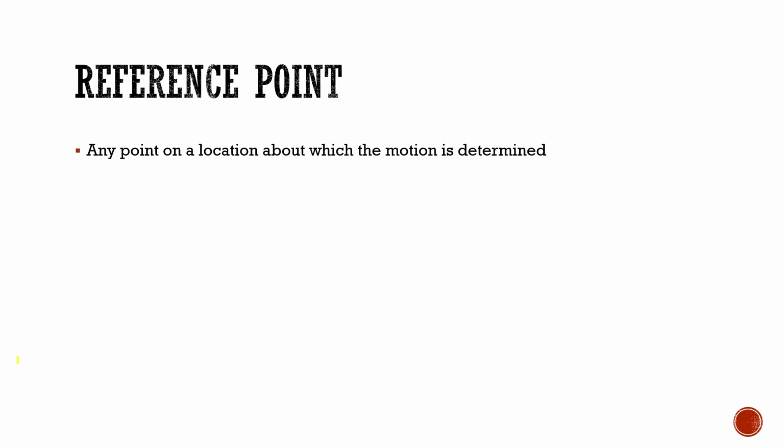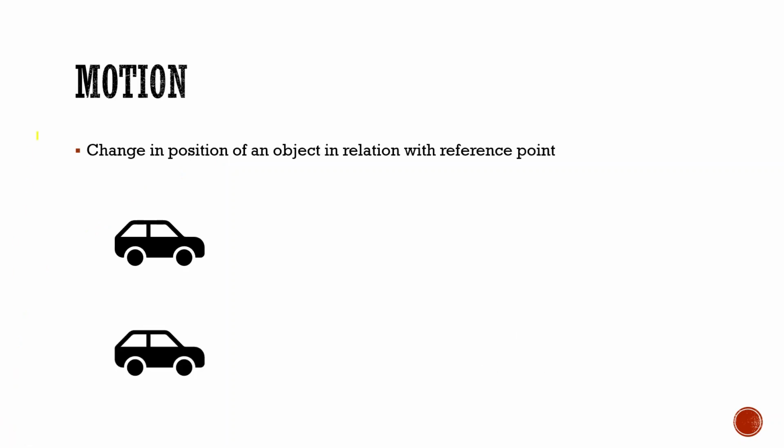So let's come back to our slide here. Let's mark the reference points. So I'm going to mark like this. These are the reference points. We have case 1, car number 1, car number 2. Motion is nothing but change in position of an object.